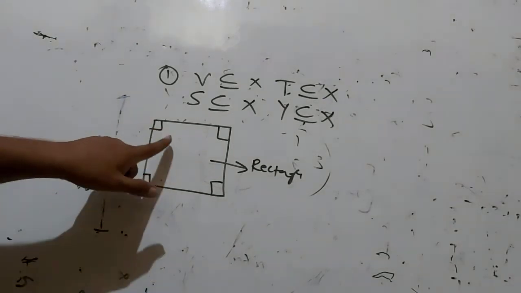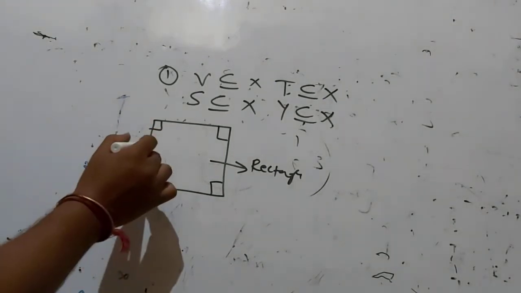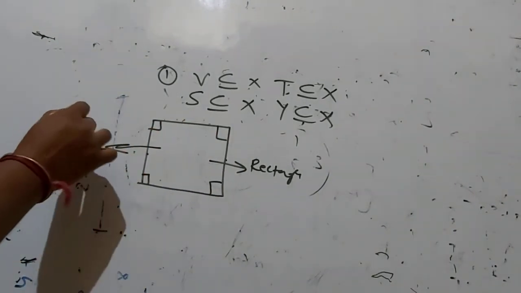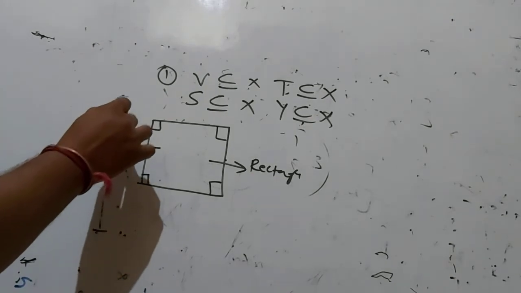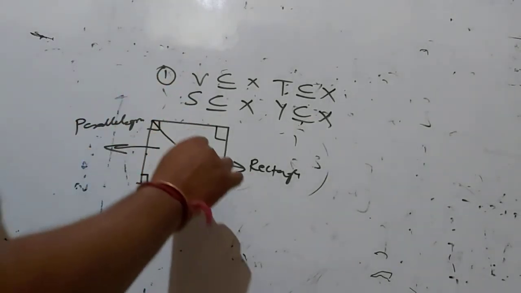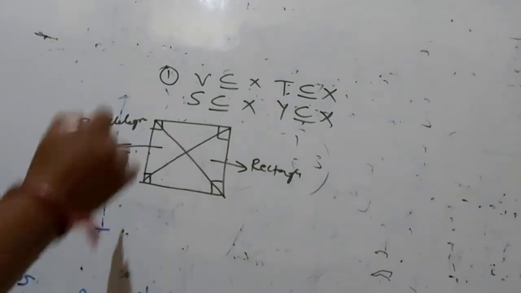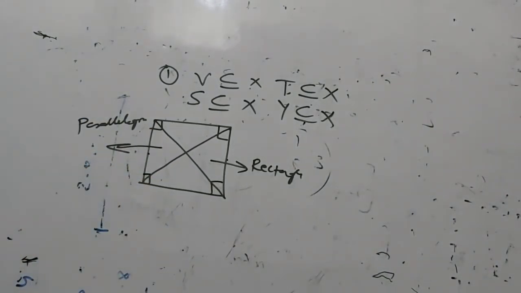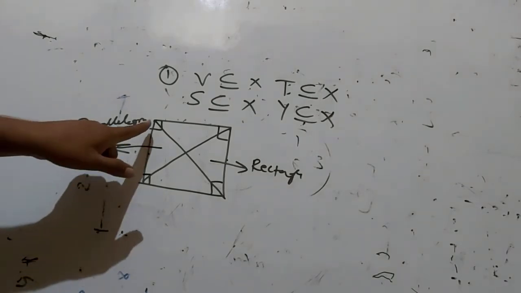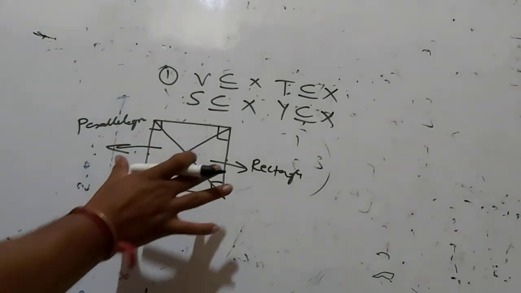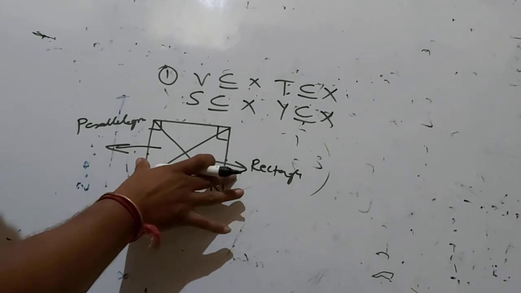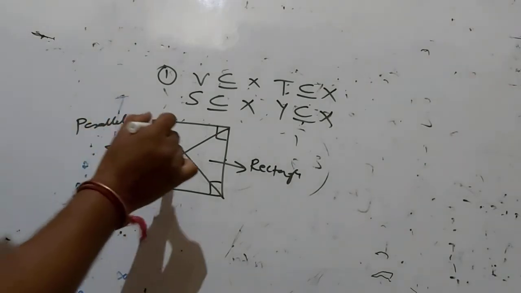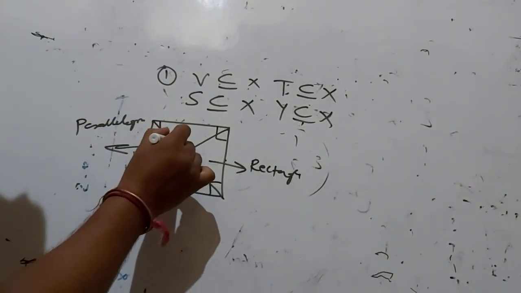Next, if it is a square, its opposite sides are parallel. So these are the properties of a parallelogram. And about the rhombus, in a square, first of all it is a parallelogram, which means opposite sides are parallel, and its diagonals are perpendicular bisectors of each other.